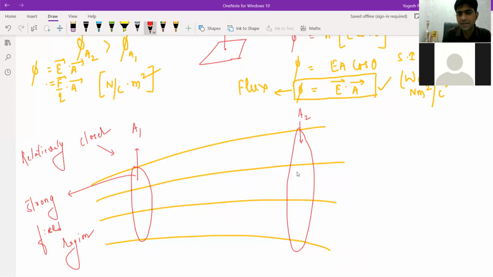And in this, the electric field lines are relatively farther with respect to each other. So we can write this as weak field region, strong field region and weak field region.